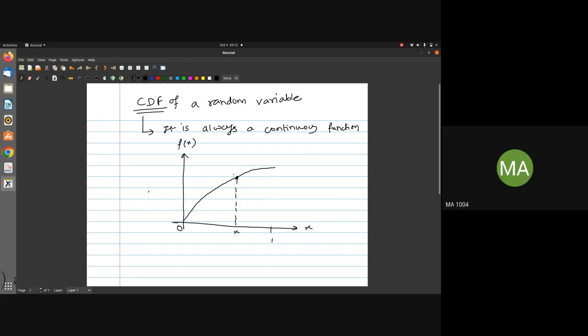Because since it is a continuous function, what we actually find is the probability when approaching that point, right? So F of x, in this case, for a continuous function, what will be the definition?